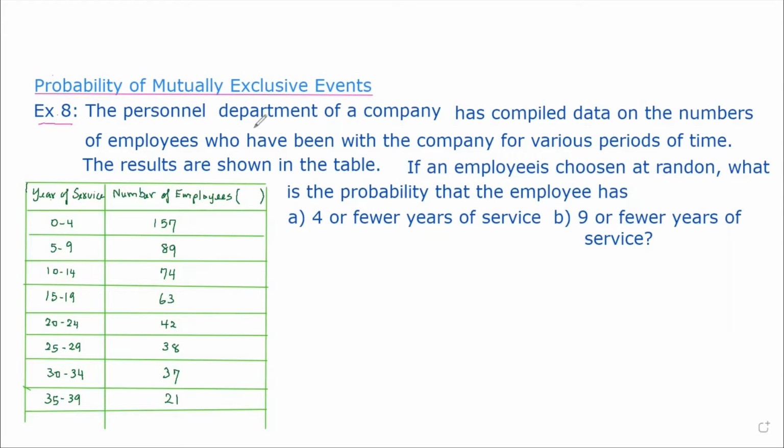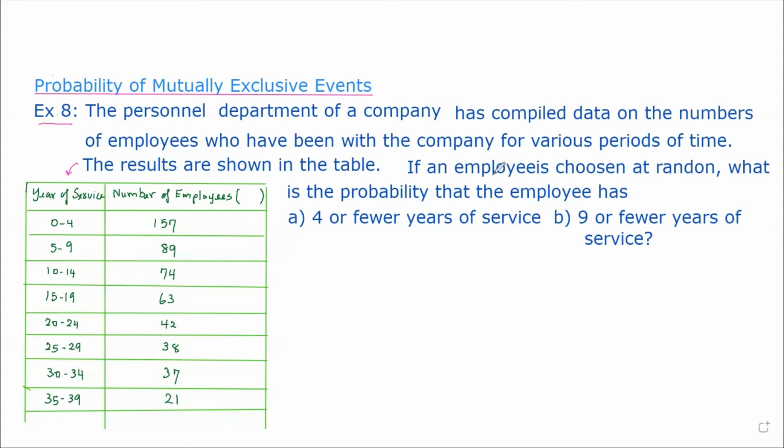The personnel department of a company has compiled data on the numbers of employees who have been with the company for various periods of time. The results are shown in the table, that means this one, the green table here.